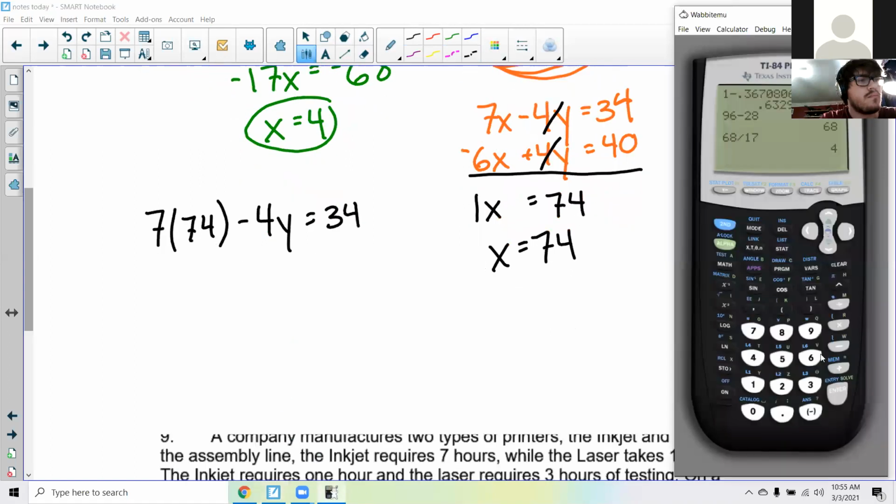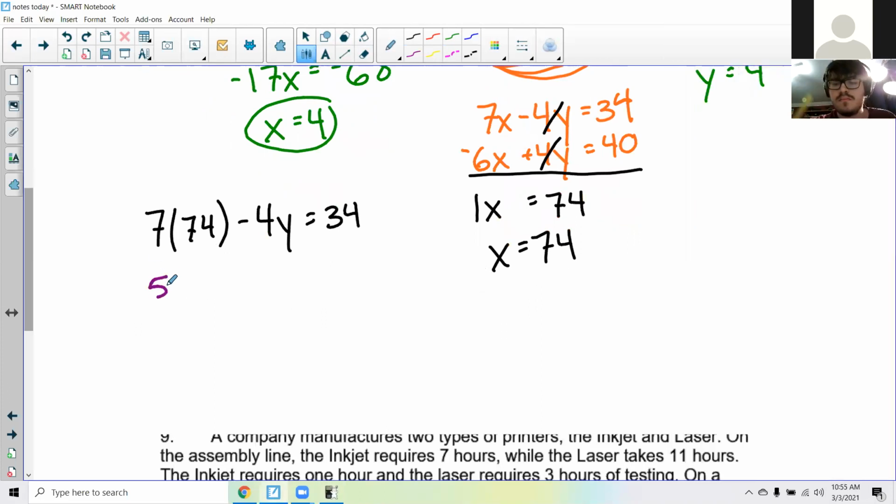Seven times 74, I got 518 minus 4y equals 34. I'm going to get the y's by themselves, so I'll subtract 518 from both sides.